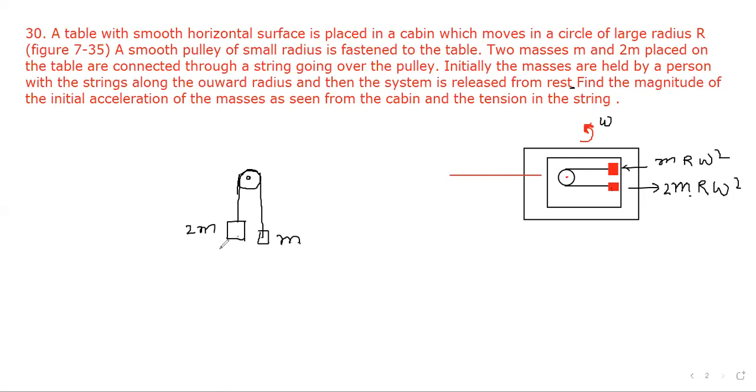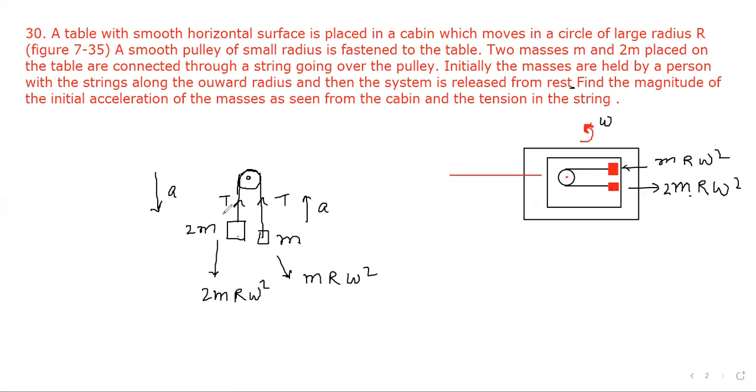So as I told you, the force on 2m is 2mr omega square, and force on this will be mr omega square. Now suppose tension is T here, tension is T here. Now, since this mass is bigger, and this force will also be bigger than this, this will move with acceleration a in this direction, and this will move with acceleration a in this direction.